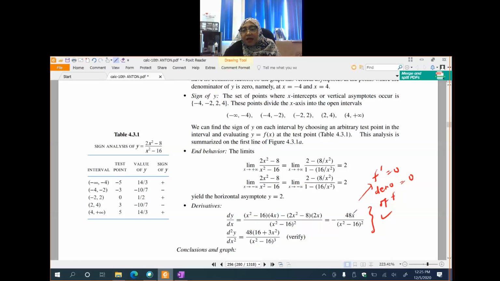For f prime equal to 0, x is equal to 0. And for the denominator of f prime equal to 0, x squared is equal to 16, so x will be plus minus 4.